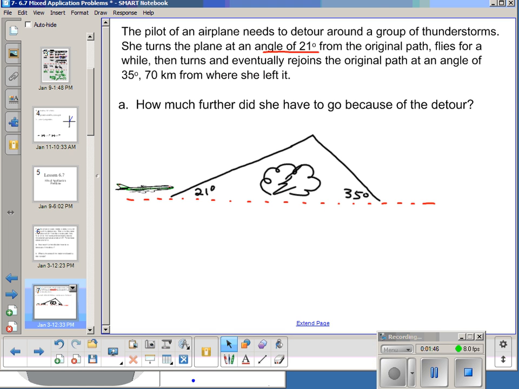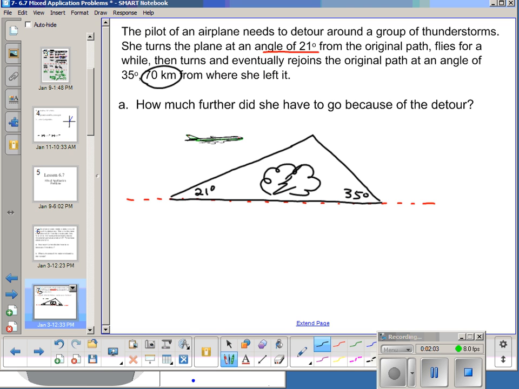Now I know it's theoretical, it's really impossible to make that sharp corner here or there, but let's for the moment pretend that we can. And my other piece of information is that she re-enters the path 70 kilometers from where she left it, which means that's 70 kilometers from here to there.